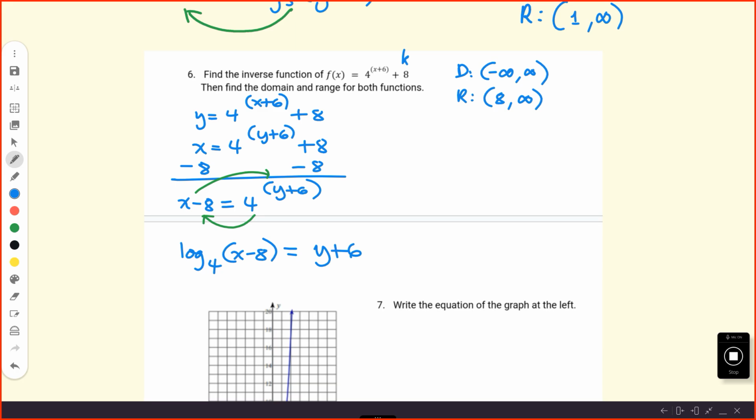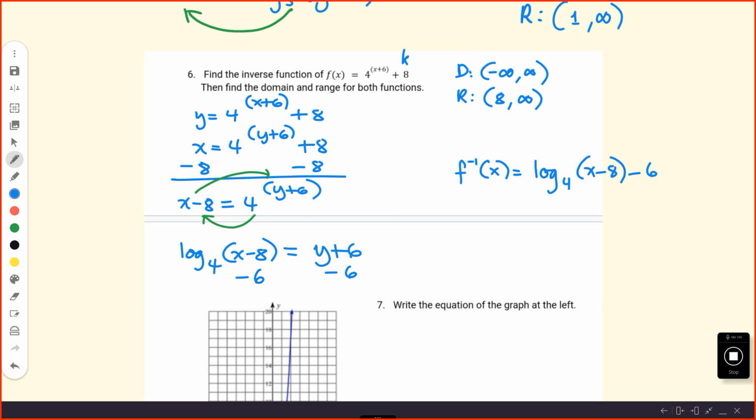Okay? Now, what's the last step? Subtract 6. Okay, can I subtract 6 to the negative 8? No, because the x minus 8 is connected to your log form. So you can write this as f inverse of x equals log base 4 of x minus 8, minus 6.